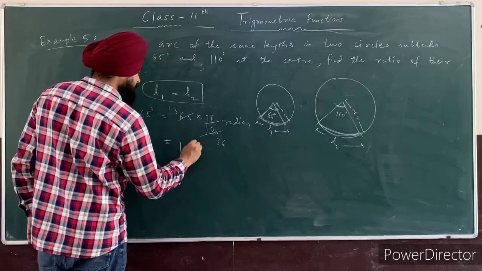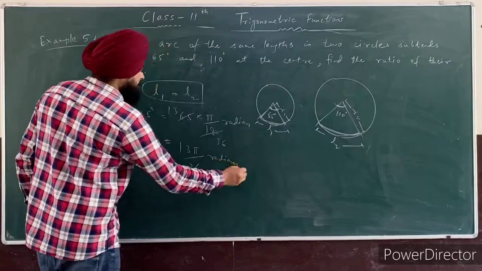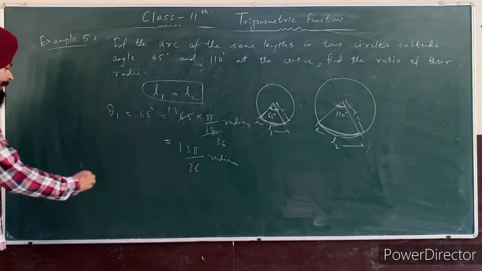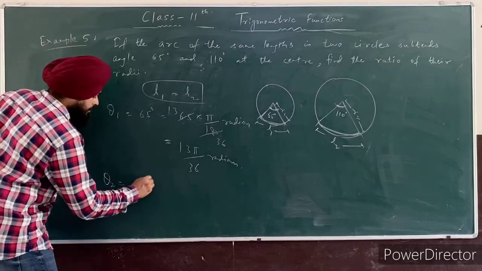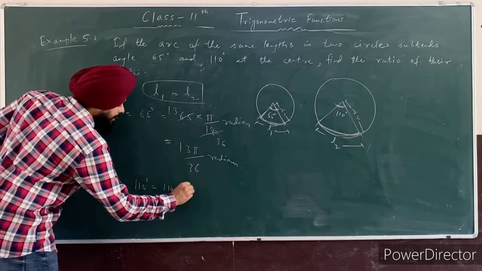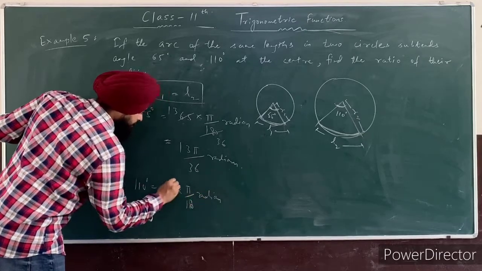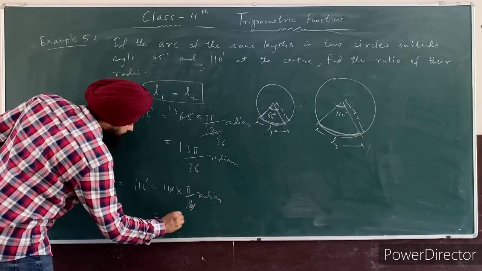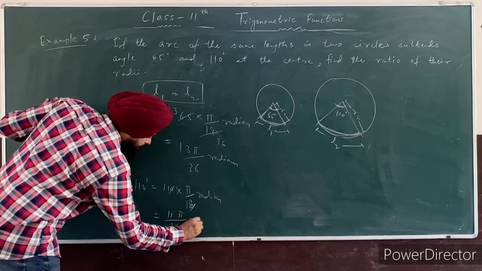It is 13π by 36. Really clear? And theta 2 is 110 degree. So 110 multiplied by π by 180. So the zero cancels. It is 11π by 18 radian.